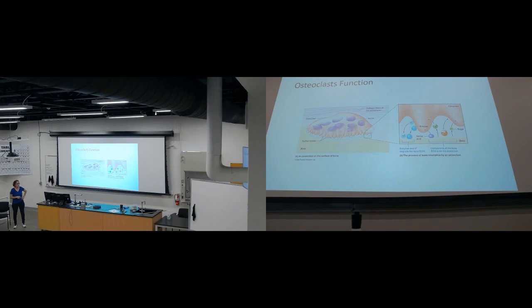With this ruffled border, these osteoclasts secrete enzymes and hydrogen that is going to acidify this area of the matrix, and then you start reabsorbing this matrix. So you release amino acids and calcium and phosphate. And this calcium will go into the bloodstream.